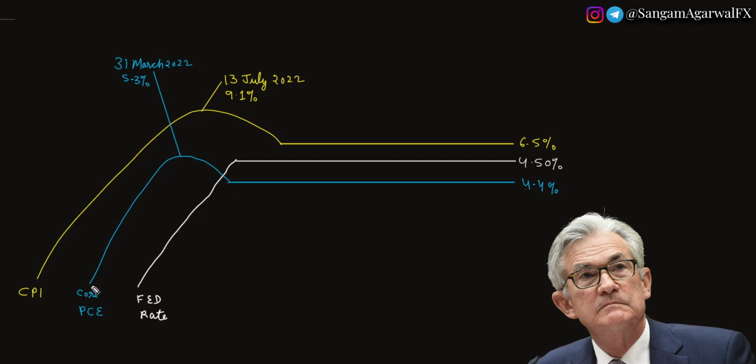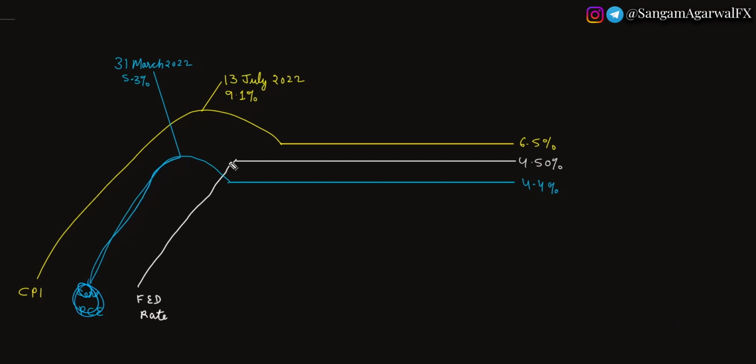The Fed makes its monetary policy based on the core PCE number, and same as CPI, the core PCE number made a top at 5.3% in March last year, and the current core PCE number is 4.4%, which came last week.